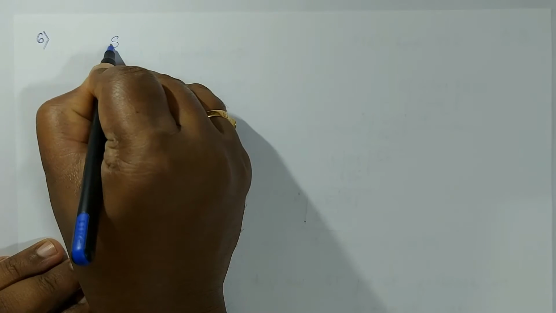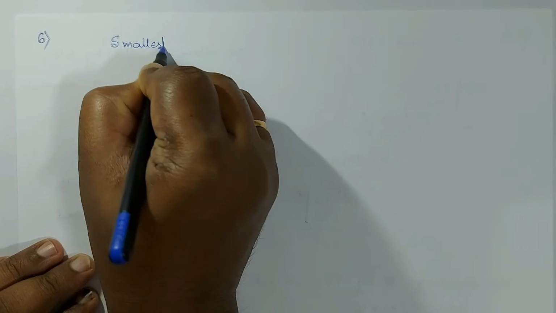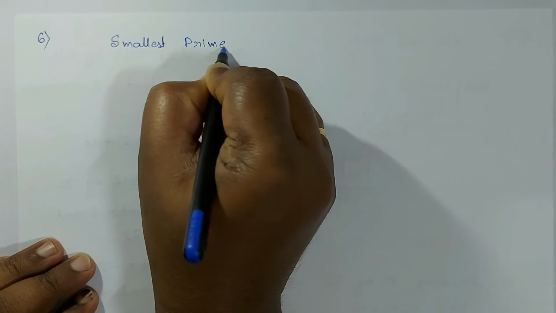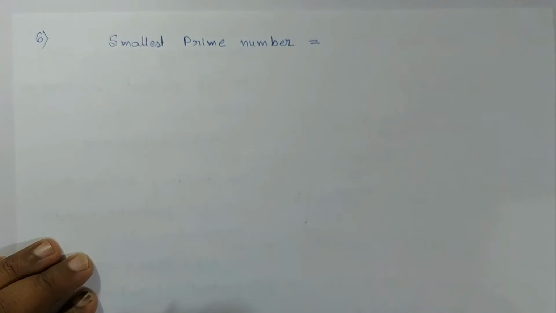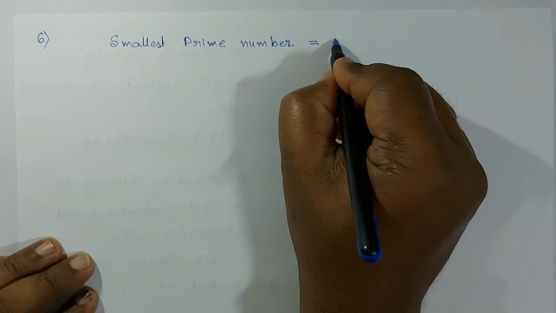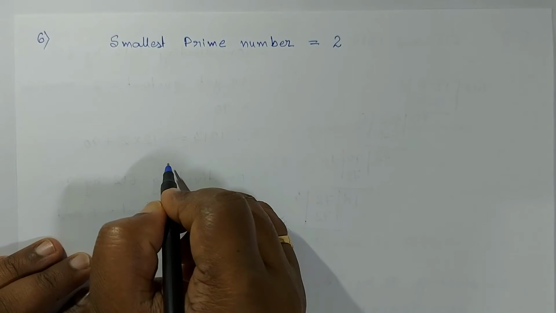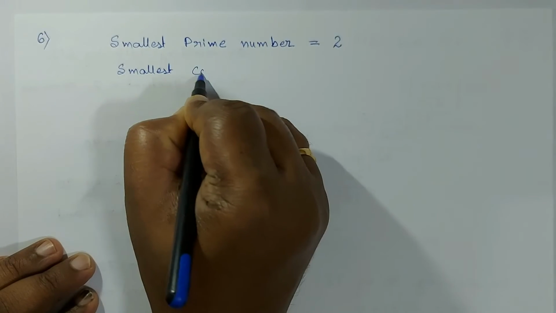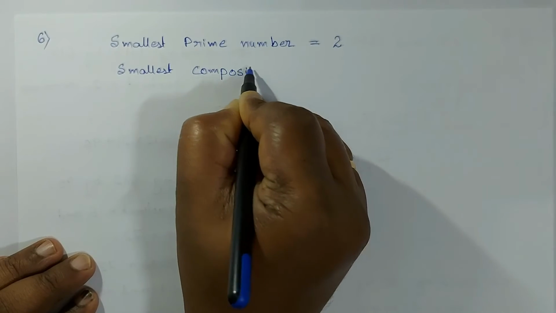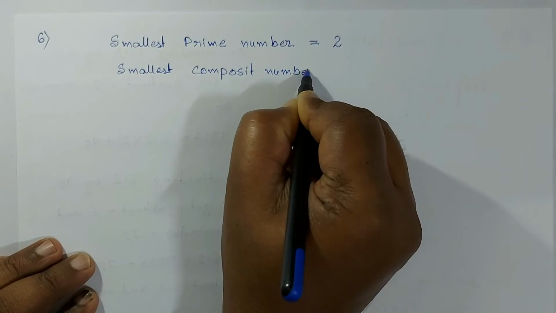Next we will do question number 6. Find the HCF of the smallest prime number and the smallest composite number. Let's see. The smallest prime number is 2, we all know that. Then the smallest composite number.